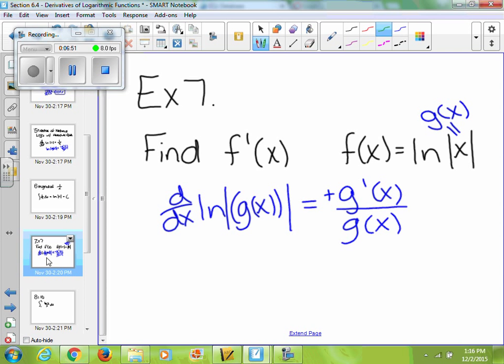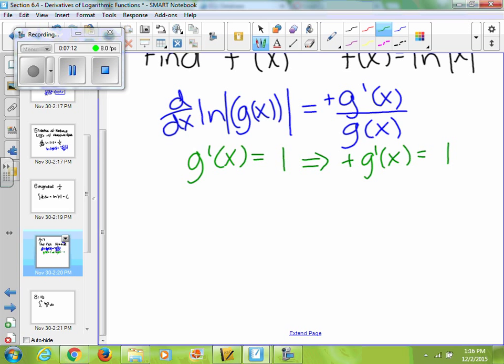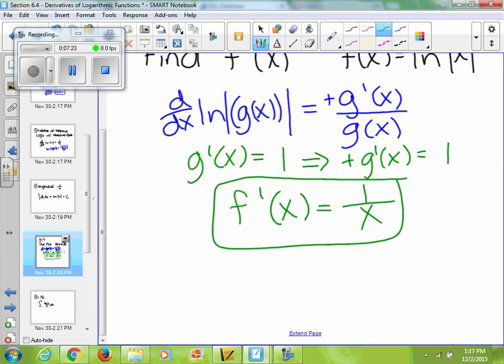So then g prime of x is equal to 1, and so the positive g prime of x function is also just 1, because 1 is positive. If you ended up with a negative, you would have to turn it positive. And then g of x is just equal to x, so I know that my f prime of x is equal to 1 divided by my g of x function, and my g of x function was x. So 1 divided by x.